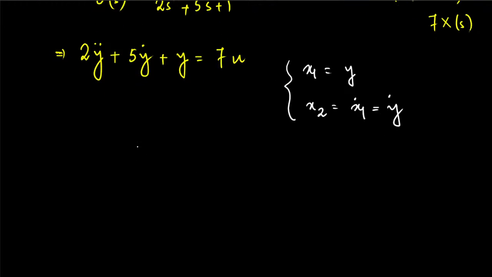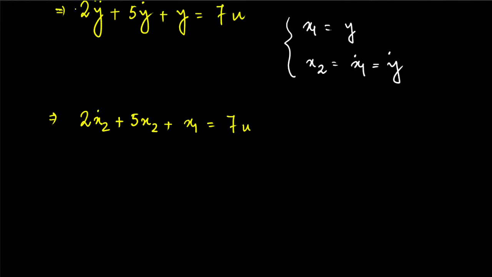Now we can convert this differential equation very easily. This becomes 2 times y double dot, which is just x2 dot, so 2 x2 dot, plus 5 y dot becomes 5 x2, and y is just x1, equals 7u. Not a problem, right? And of course that's the differential equation.